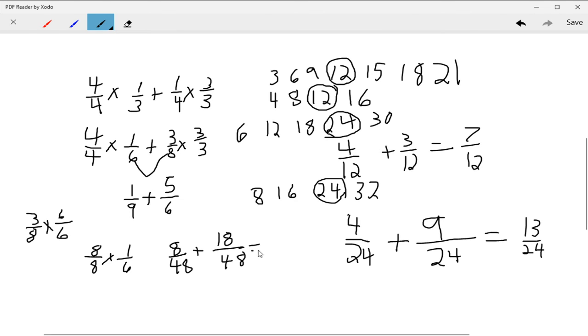And then we can still get the answer here. 8 plus 18 equals 26 over 48, which is equivalent to 13 over 24. It's just both numbers are doubled.